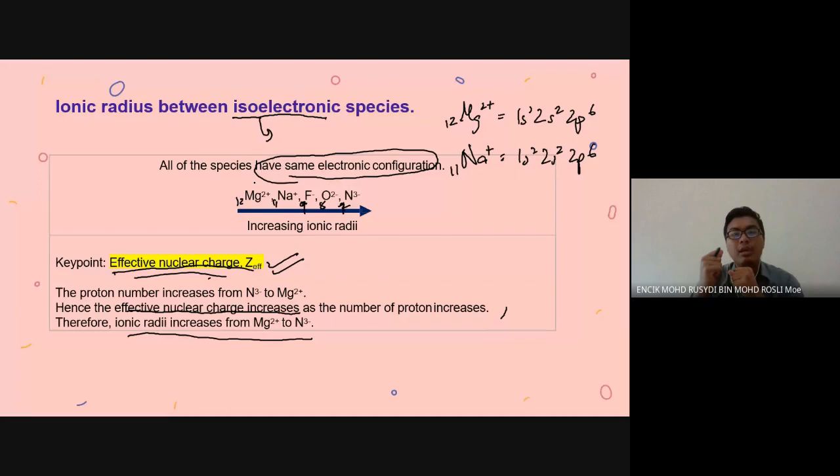Jadi size dia mengecut. That's why magnesium 2+ mempunyai the smallest size. Sodium pula lebih besar sikit. Fluorine besar sikit. Dan sampai nitrogen dia lagi besar sebab proton number dia kecil. So effective nuclear charge dia kecil, daya tarikan dia pun tak kuat.